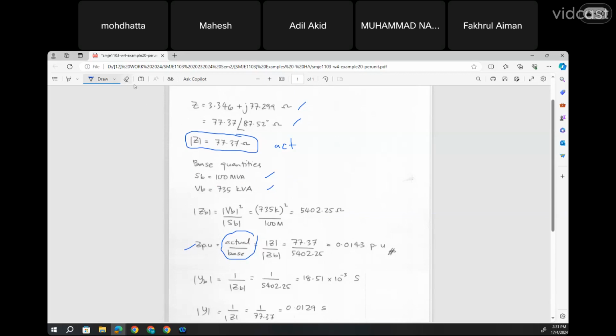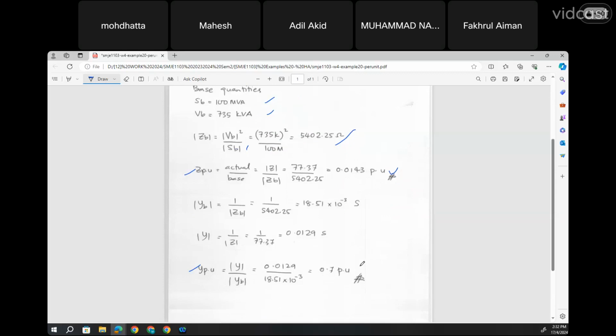We proceed with the calculation of Z base, where Z base comes from this equation, V base squared divided by S base. This is the value of our base impedance. To get the per unit value of our impedance, just divide the actual and the base quantities, and voila, you will get 0.0143 per unit for your impedance.